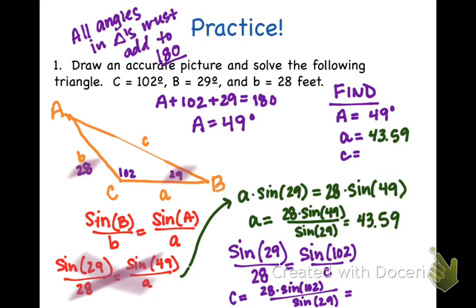And if you put that in your calculator as you see it, you get 56.49. Now, if you are not getting these numbers and you are typing these into your calculator, most likely you are in the wrong mode. So make sure that if we're doing these in angle values, which most of the time in triangles that are not related to those unit circle quadrants, these are just triangles out in the wild, they are going to be in degrees.